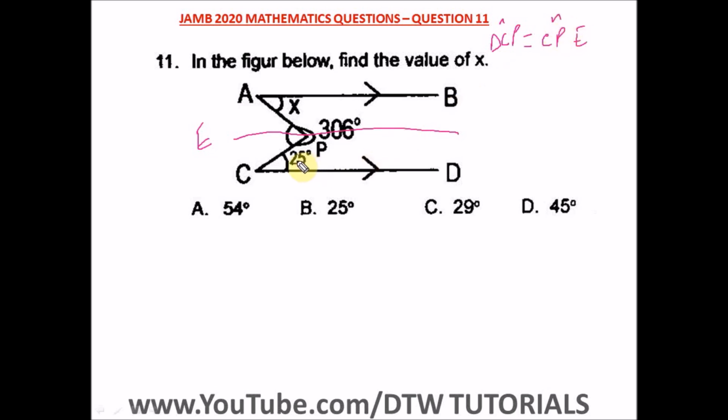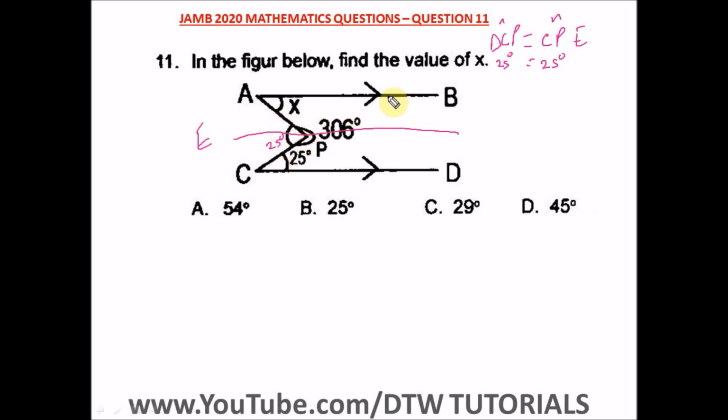Why? Because they are alternating angles. So this is CPE, and we have DCP. So they are alternating angles. So here is 25 degrees equals to 25 degrees. So these angles are alternating.